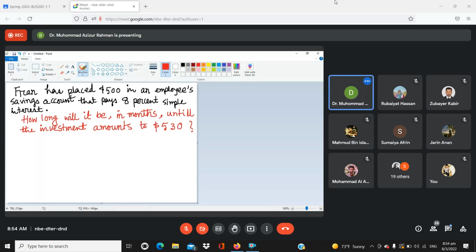So everybody please try. Principal amount is $500. Interest rate is 8%. Future value, he is getting 530. So what would be the duration, time duration in months?